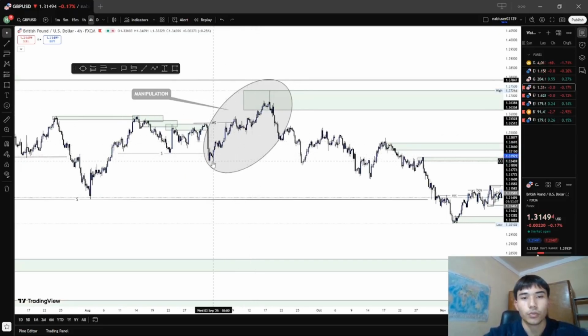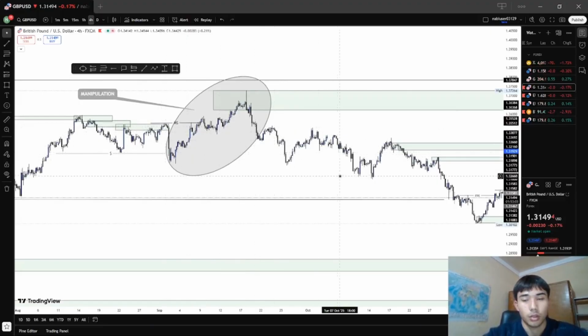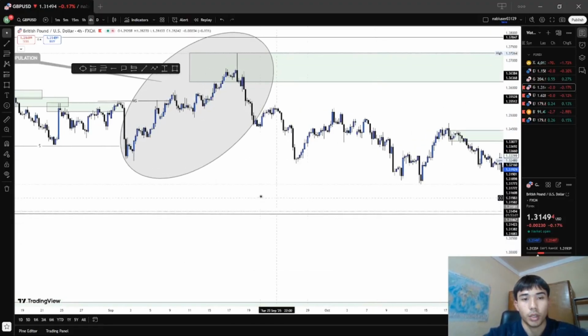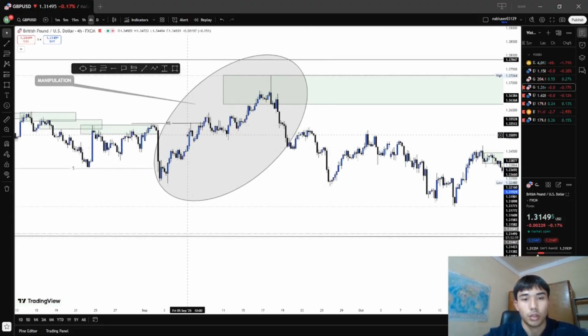So it's going straight up. What do we have? We have a market shift, which is our flip zone, because we were marking out demand zones, and the supply zones flip to demand zones because of this market shift.